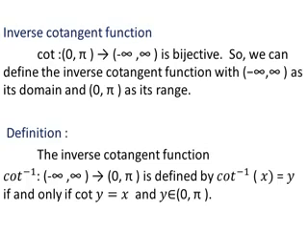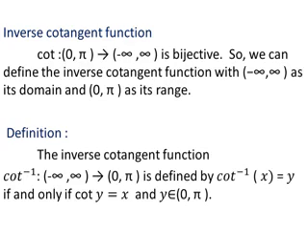Inverse cotangent function. Cot function which is defined from open interval 0 comma pi to minus infinity comma infinity is bijective. So we can define the inverse cotangent function with minus infinity comma infinity as its domain and open interval 0 comma pi as its range.